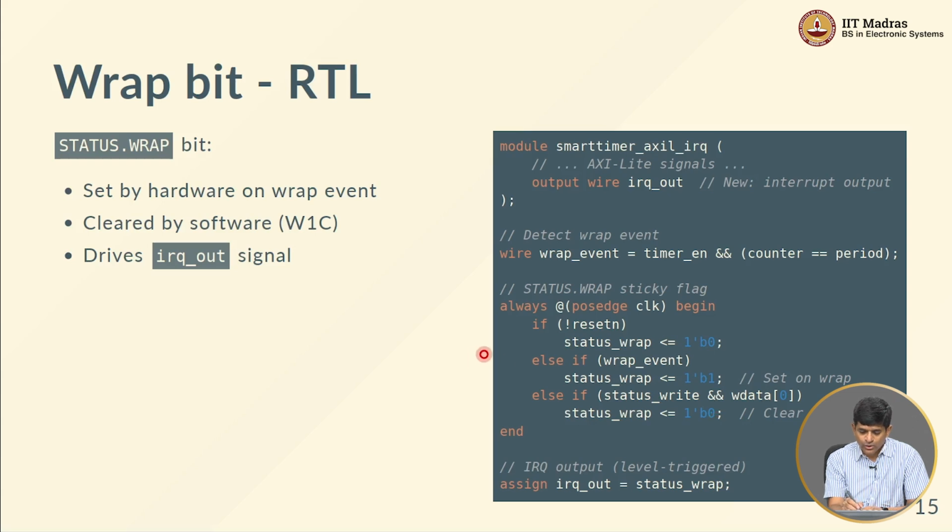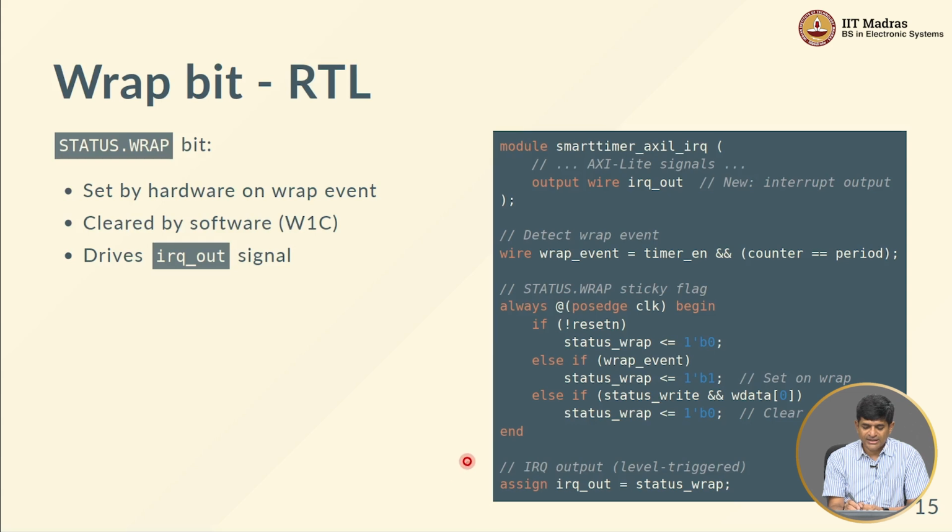So if you look at this carefully, whenever the wrap event occurs, the status wrap gets set equal to 1 and it is sticky, it remains that way until I explicitly write from the software and clear it. So the status wrap is one small piece of logic inside my RTL, which holds whether the wrap event has occurred.